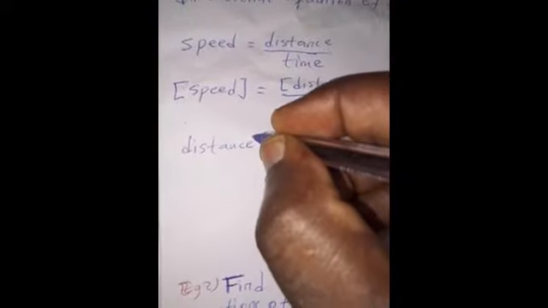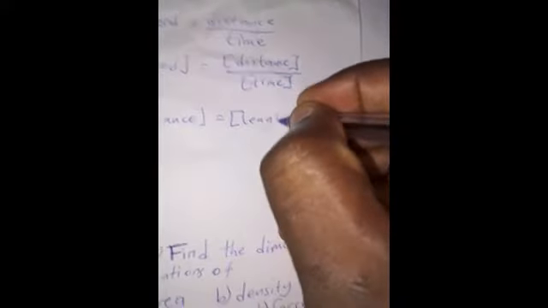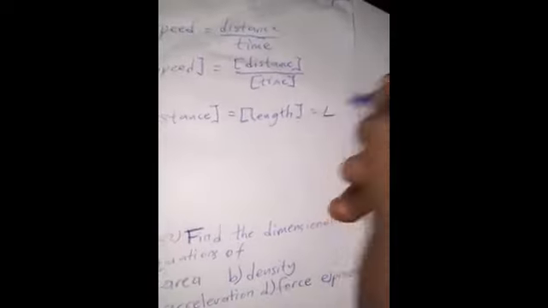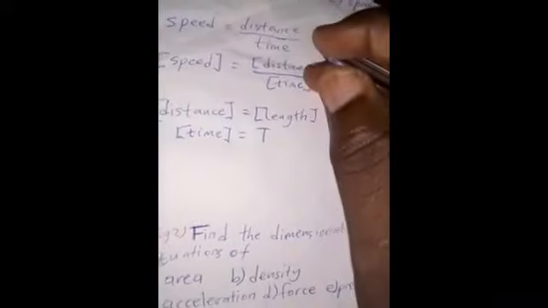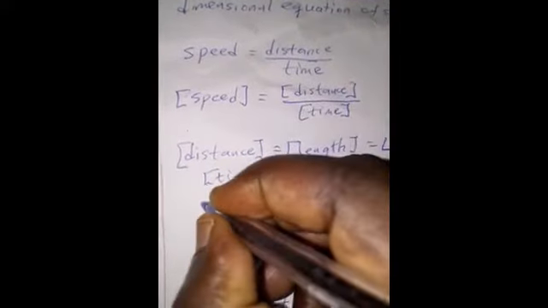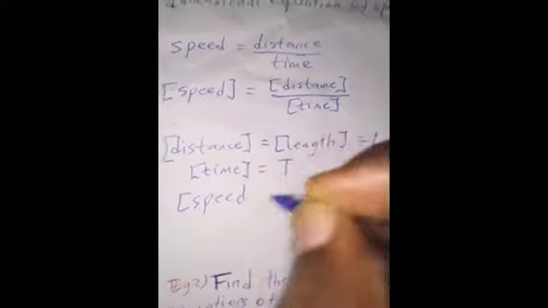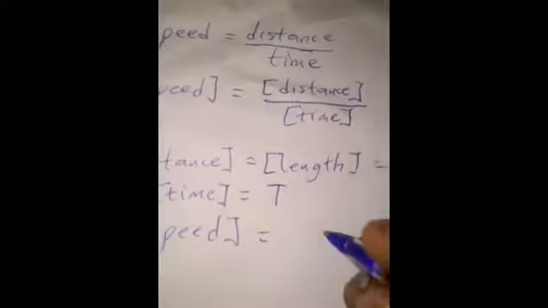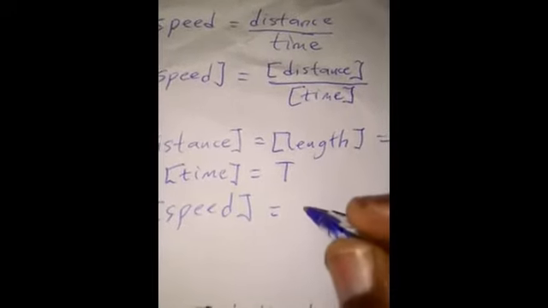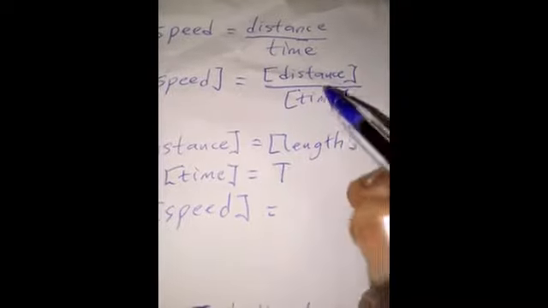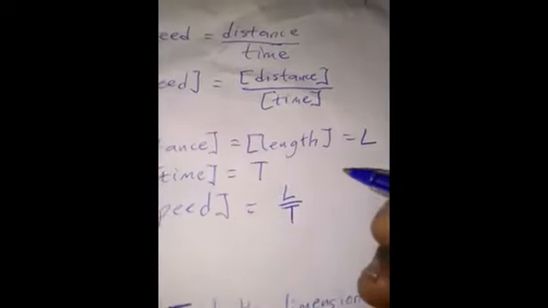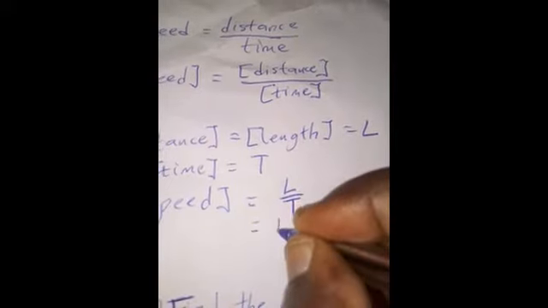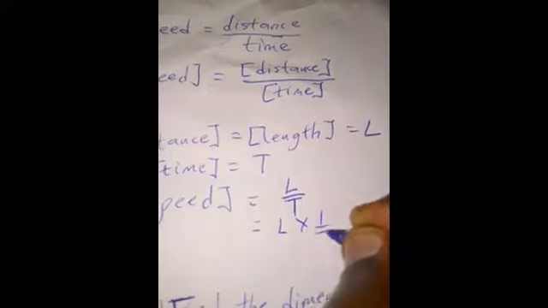So therefore, the dimension of distance is the same as the dimension of length, which is equal to capital L, and the dimension of time is equal to capital T. So hence, the dimension of speed becomes equal to the dimension of distance, which is the dimension of length, capital L, divided by capital T. This can be expressed as L times 1 over T.